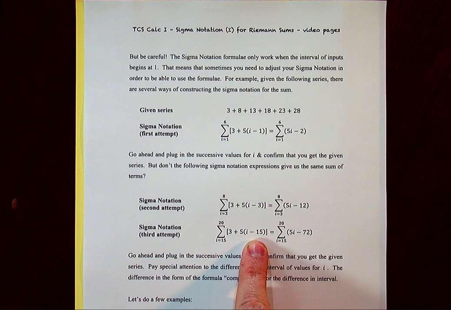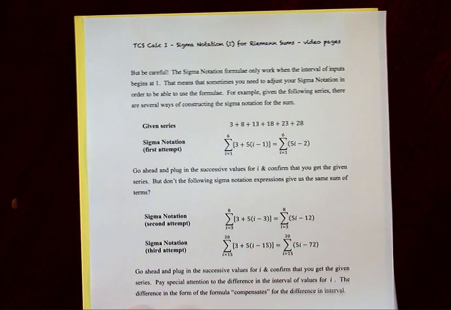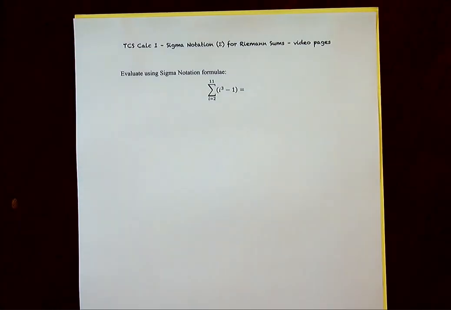So that gives you a clue as to how to adjust things when it's needed, when you're given something like what we see on the following page, which is this. Because you need to adjust it so that when you're plugging it in, you still get the same numbers.